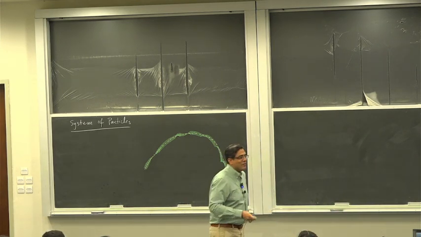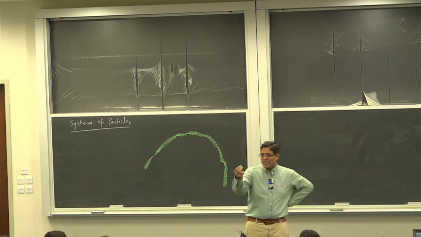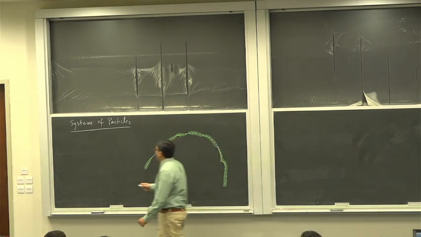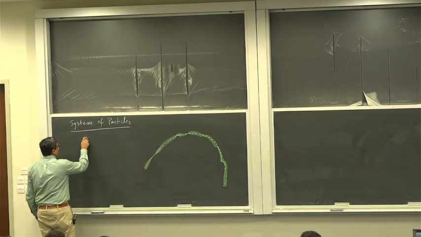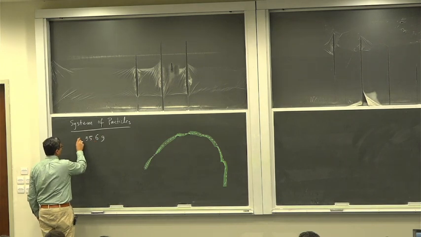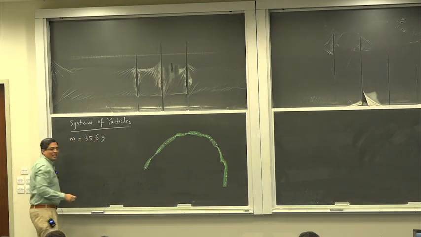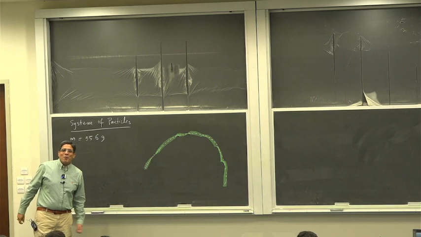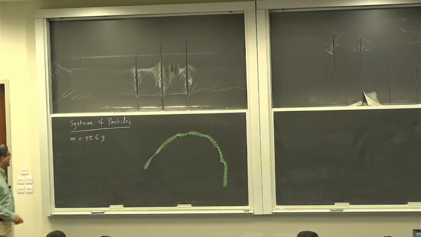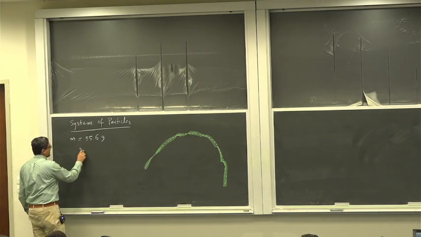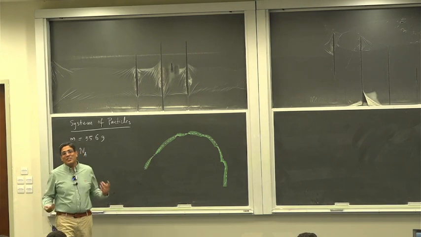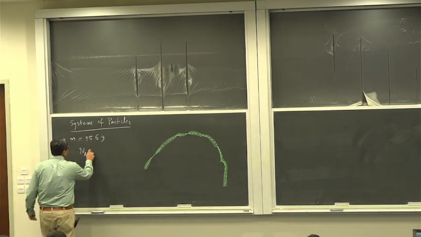Let's say that I have a piece of iron whose mass is approximately 55.6 grams. What is the number of atoms in it? Avogadro's number, Na. So for our purpose, this is nearly infinite. You know, what is the value?